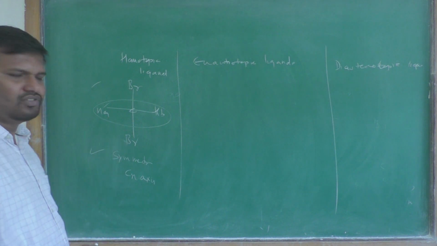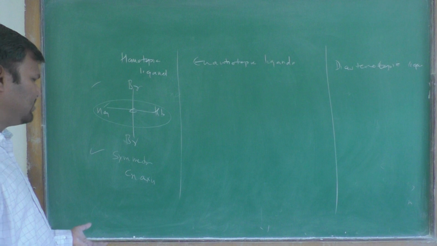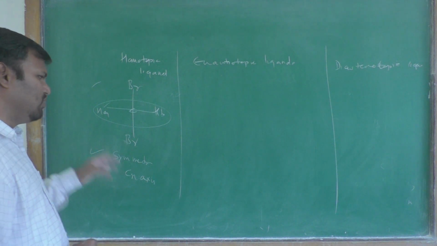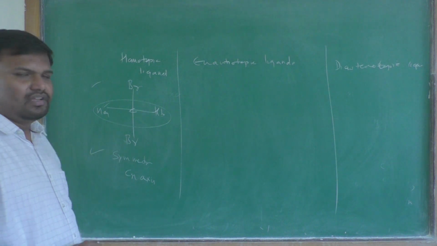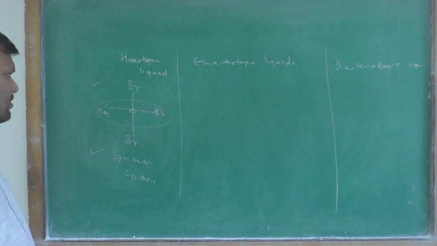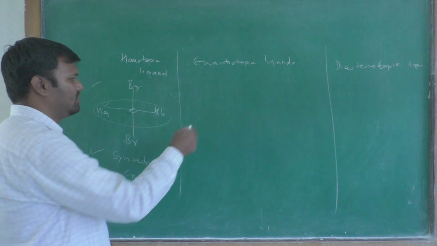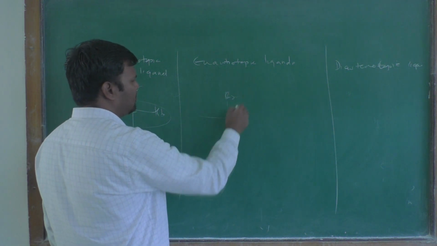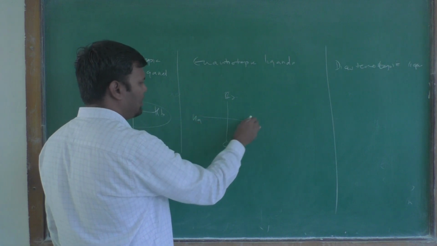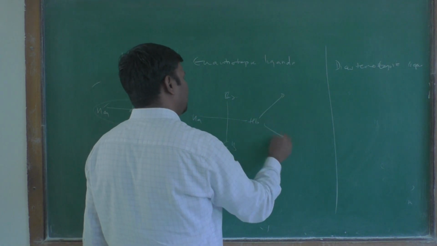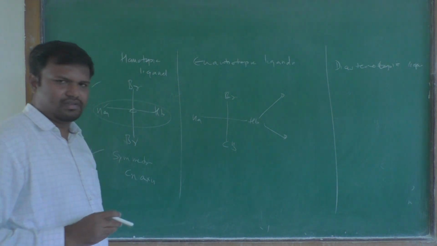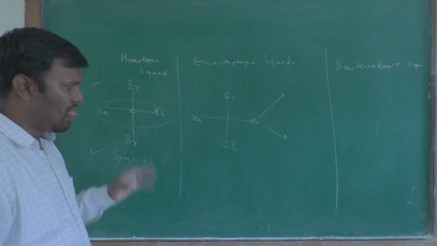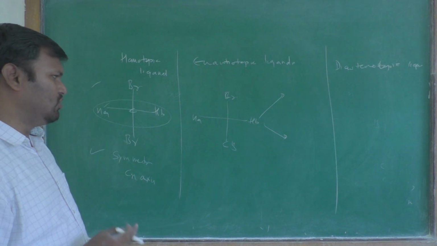In this case a C2 axis of symmetry is there, and if after rotation about a Cn axis of symmetry your groups get exchanged, then you can easily say that those are homotopic ligands. For enantiotopic ligands, you have such an example with HA and HB. If you replace HA with deuterium and HB with deuterium, you obtain two compounds, and these two compounds should be enantiomers to each other.